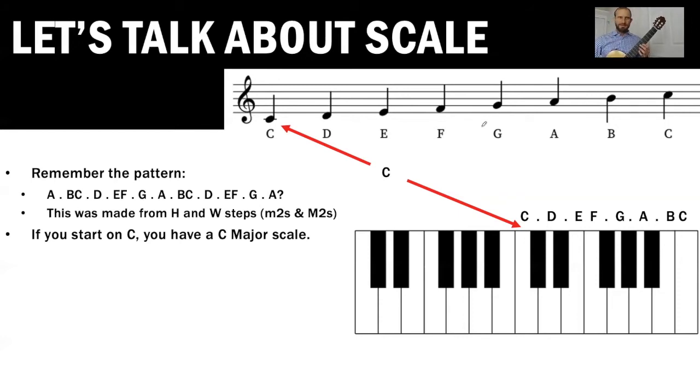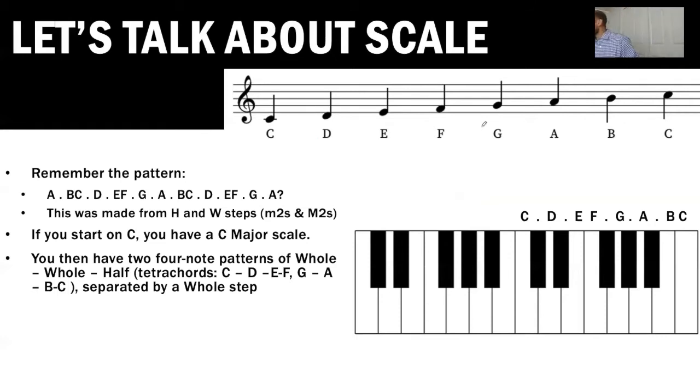Sound familiar? What we see here, though, is a pattern where you have two 4-note patterns of whole, whole, half, also known as tetrachords. The book will talk about this as well. So C to D is a whole, D to E is a whole, and then you have half, right? Whole, whole, half. Those 4 notes are what's called a tetrachord.